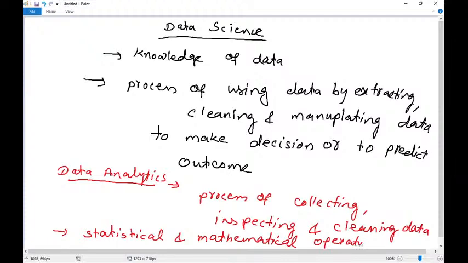So you can say data analysis is also part of data science.